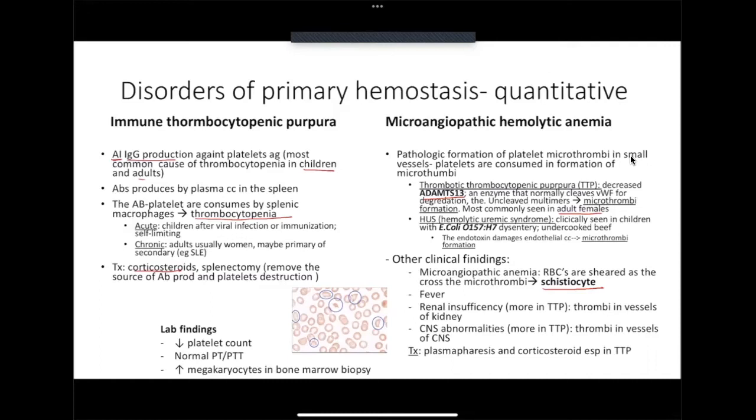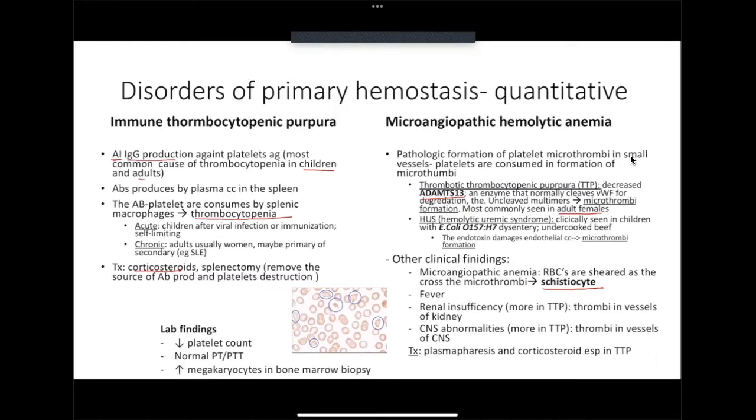We take the blood out of the person, filter it, and put back the correct blood so that you don't have any of these microthrombi in the blood returning to the patient.